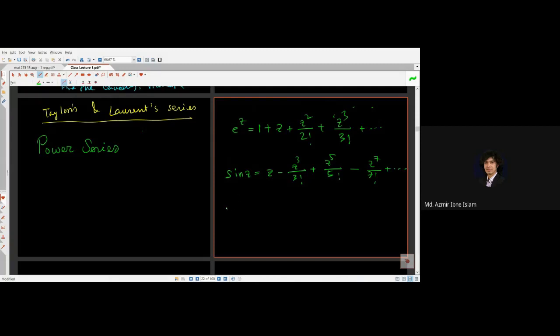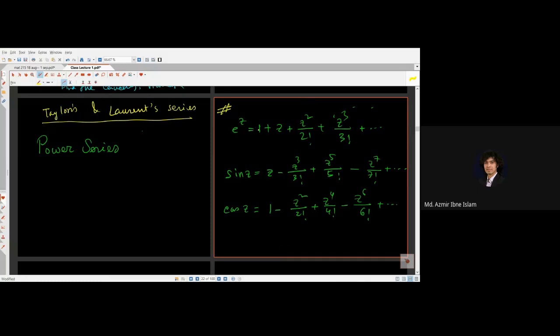We have also a similar series for cosine. Cosine z equals 1 minus z squared by factorial 2 plus z to the power 4 by factorial 4 minus z to the power 6 over factorial 6 up to infinity. So these are the preliminary concepts.